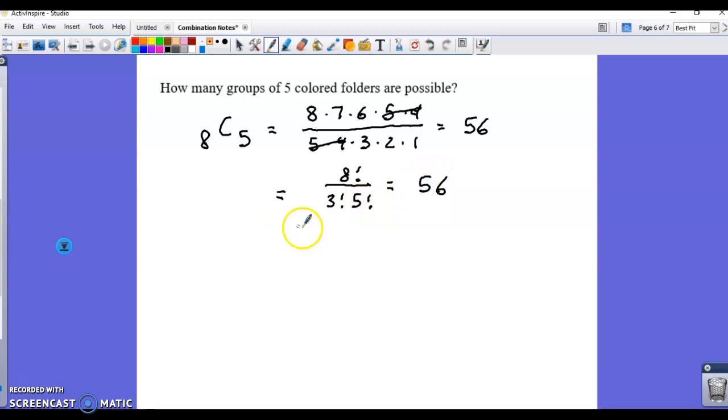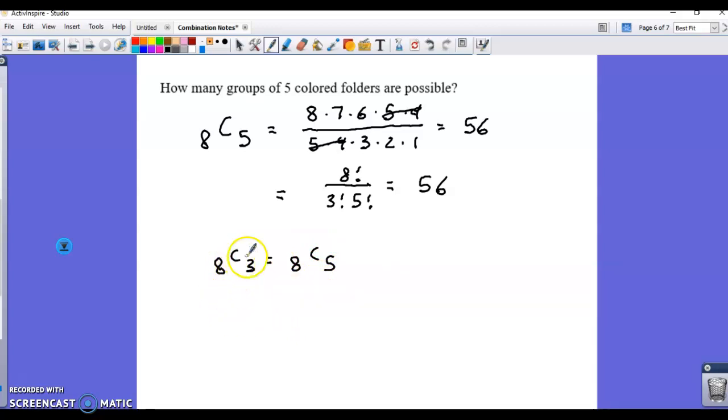And of course, if you just put it in as 8 choose 5, so why are 8 choose 3 and 8 choose 5 equal? And is that going to be always, or is this just a coincidence?